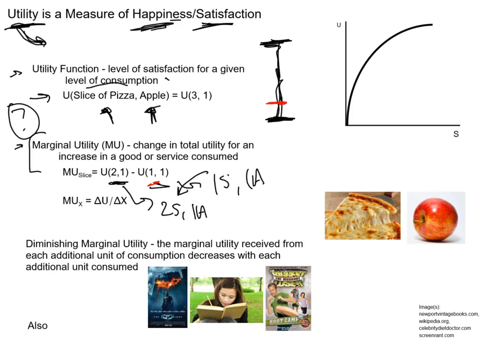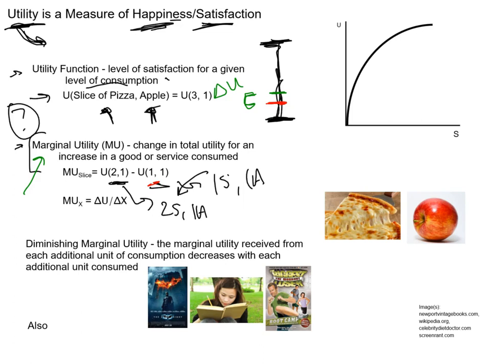But if I were to get a second piece of pizza, my happiness would probably go up to right here. The change in my utility, the difference in my levels of utility, how much my utility increased by, is what I'd call my marginal utility. And specifically, it's the marginal utility of my second piece of pizza.